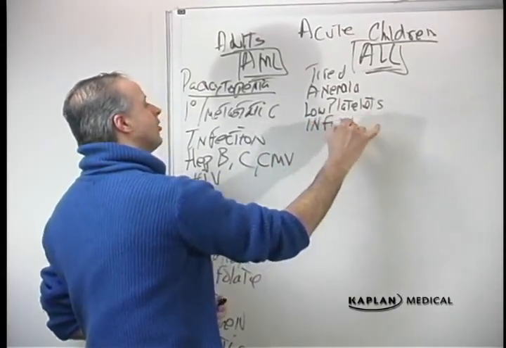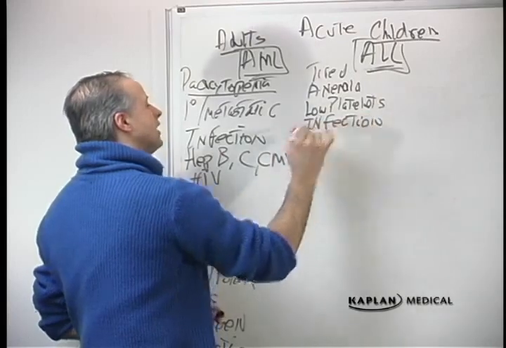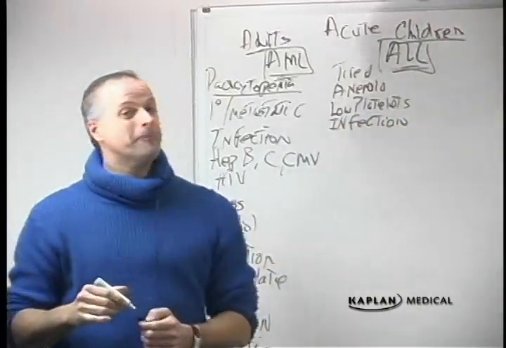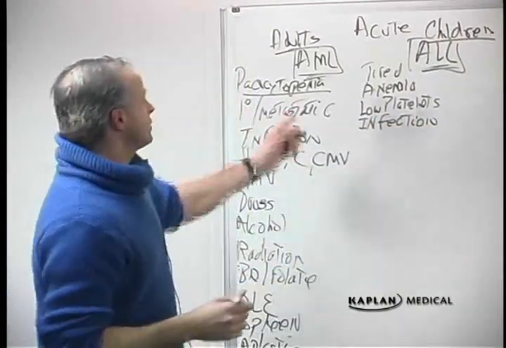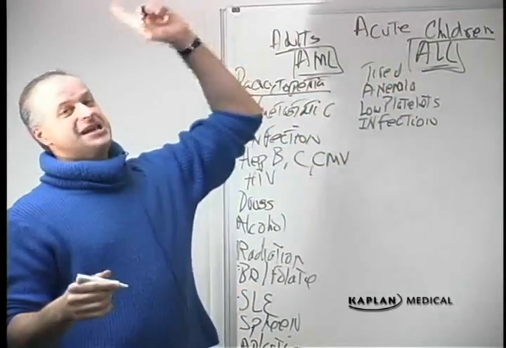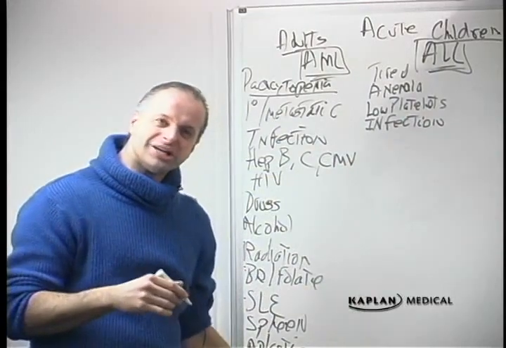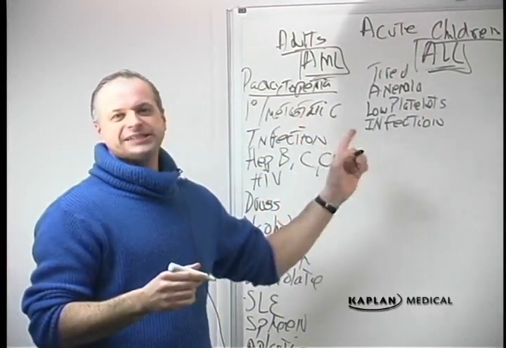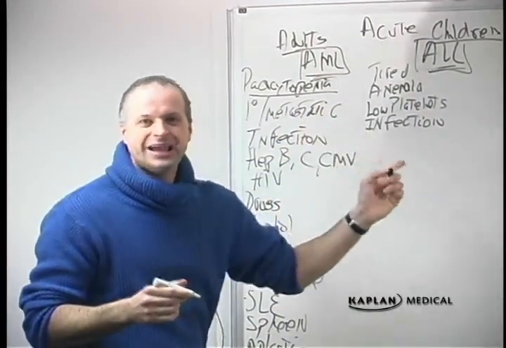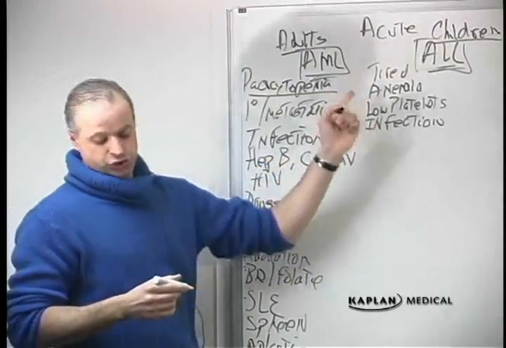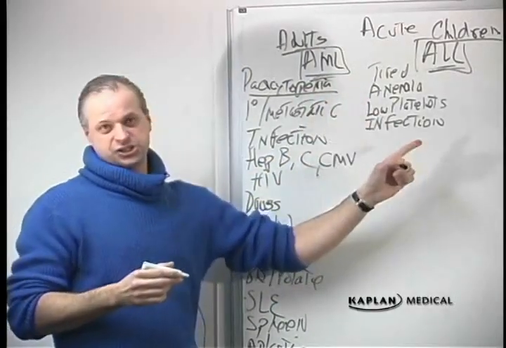Why? Because even though the white cell count might be high, because with acute leukemia the white count can be high in 1/3, normal in 1/3, down in 1/3, even though the white cell count can be high, the white cells do not function.